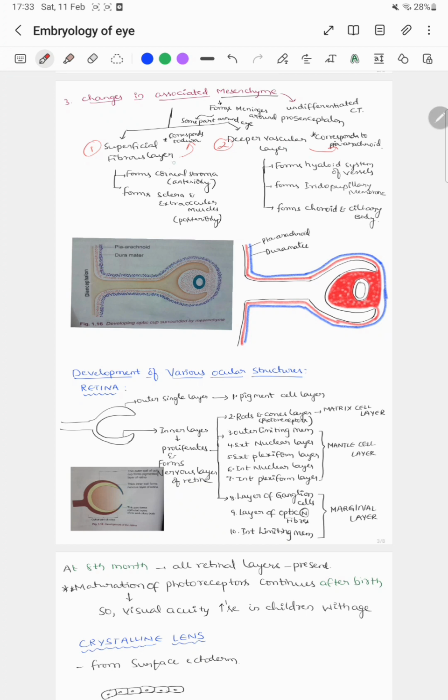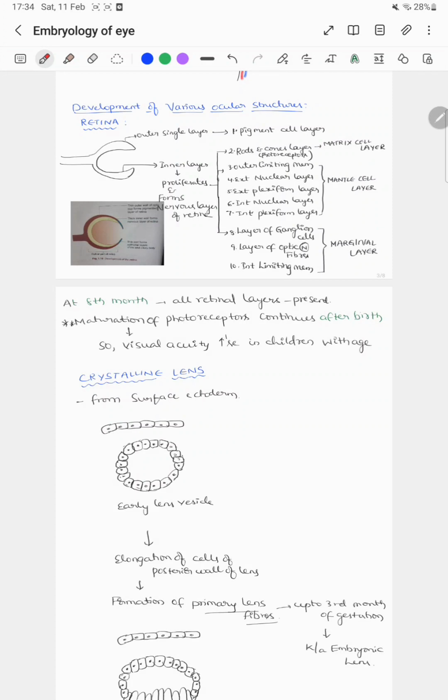The superficial fibrous layer forms the corneal stroma anteriorly and the sclera and extraocular muscles posteriorly, whereas the vascular layer invaginates through the choroidal fissure and forms the hyaloid system, and then the iridopupillary membrane, and forms the choroid and ciliary body. Here we can clearly appreciate the optic cup with lens and the pia arachnoid membrane and the dura mater with the optic stalk intact. Let's see development of various ocular structures such as retina, crystalline lens, cornea, choroid, conjunctiva, etc.